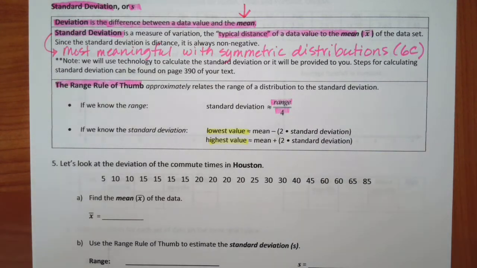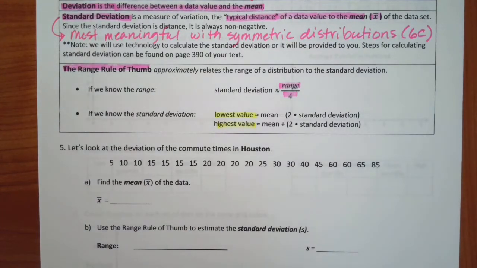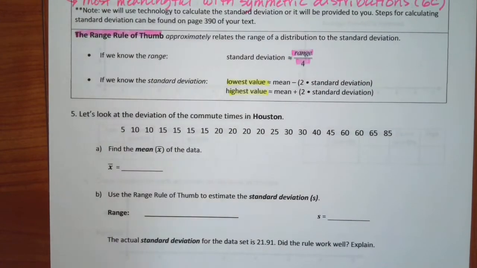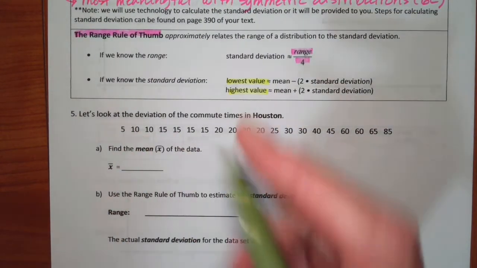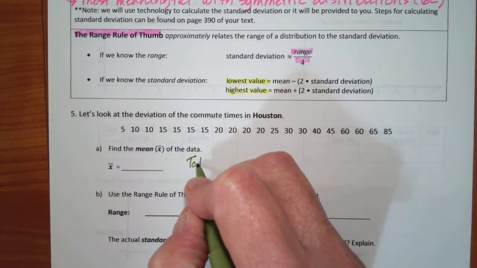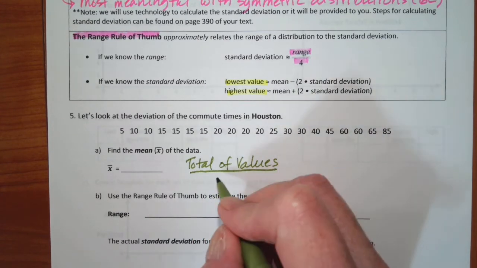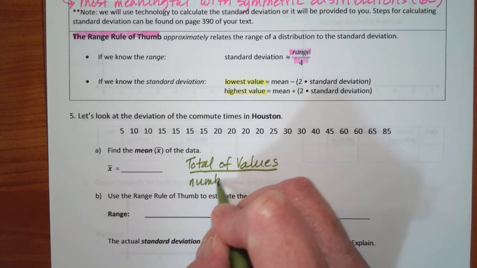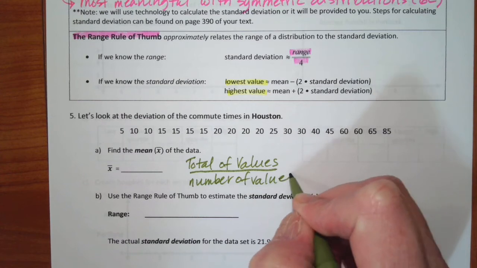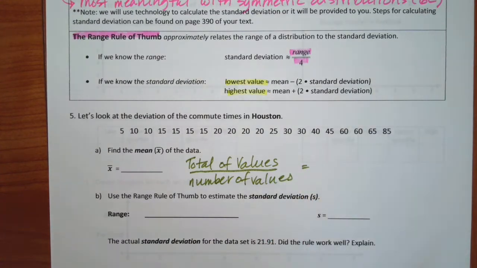Okay. All right. So let us look back now at the commute times in Houston. We are going to start out by finding the mean of the data. What does that mean? That means I'm going to find the total of the values divided by the number of values. So if I add all of these up, let's see if I've already done that. I don't think I have.